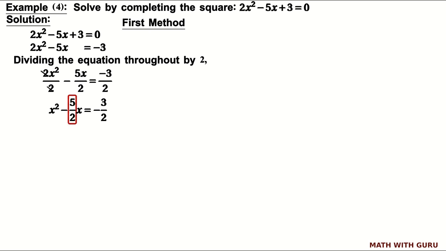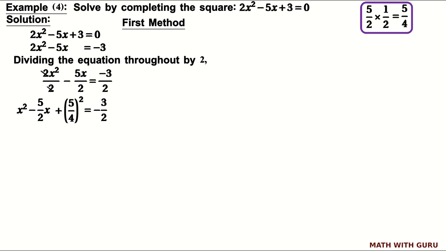Consider 5 by 2, the coefficient of x, disregarding the sign. 5 by 2 into 1 by 2 equals 5 by 4. Add 5 by 4 whole square to both the sides. Consider x, 5 by 4, and we have negative sign here.